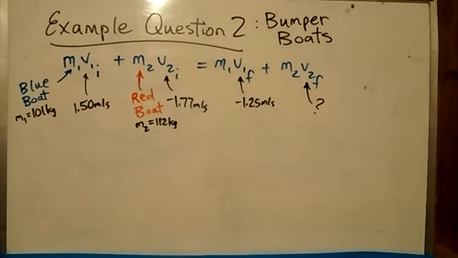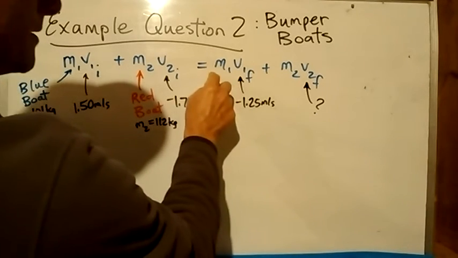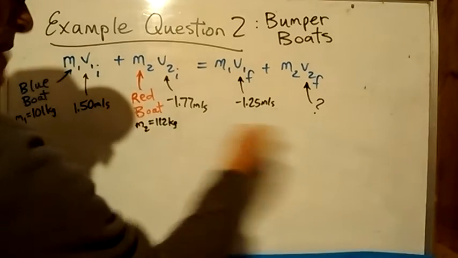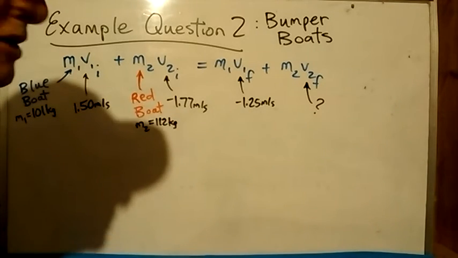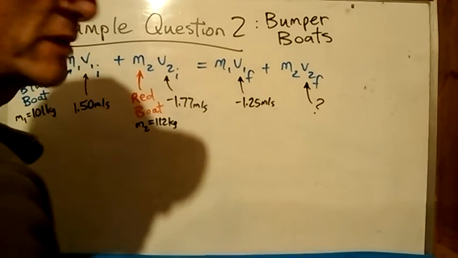Here's the question. If after the collision, boat 1, the blue boat, is traveling backwards now at 1.25 meters per second, then what is the final speed of the red boat?